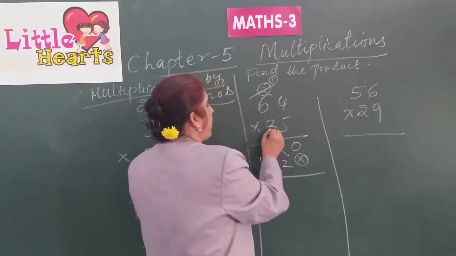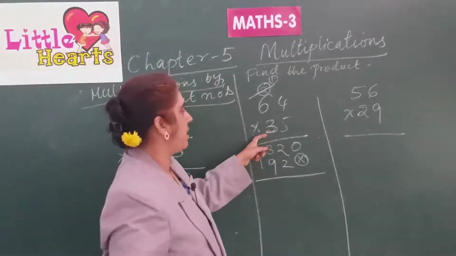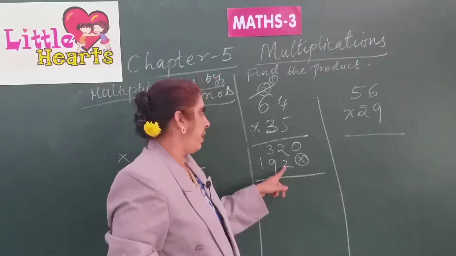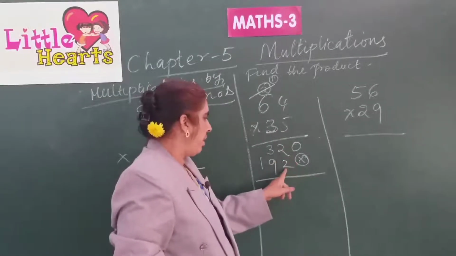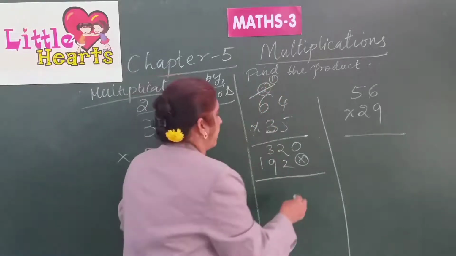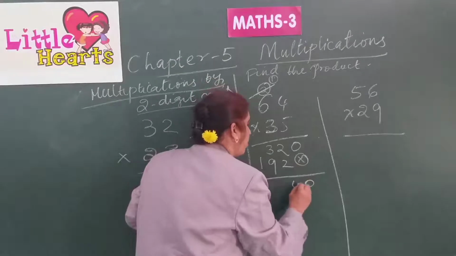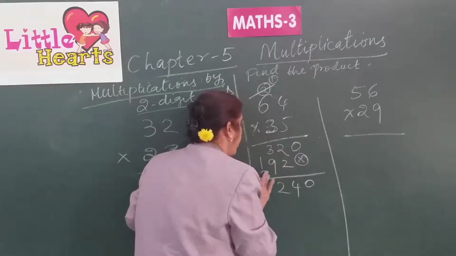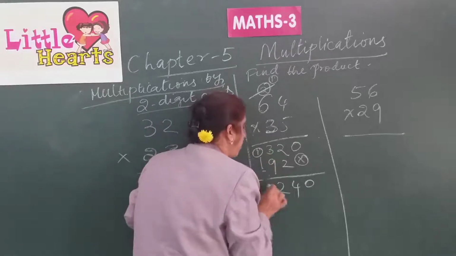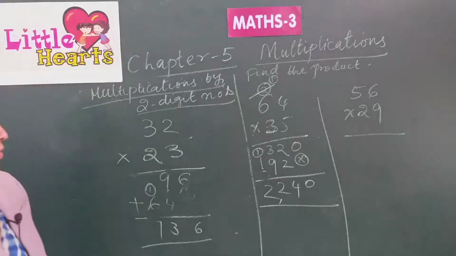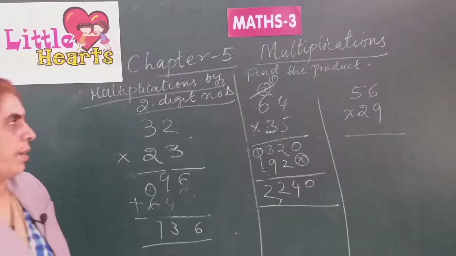When you multiply by a tens place digit, the product should be started from the tens place only. 3 fours are 12, put in the tens place, and 3 6s are 18 plus 1, 19. 2 plus 2, 4, 9 plus 3, 12, carry 1, 1 plus 1, 2. 2240 is the product of 64 and 35.